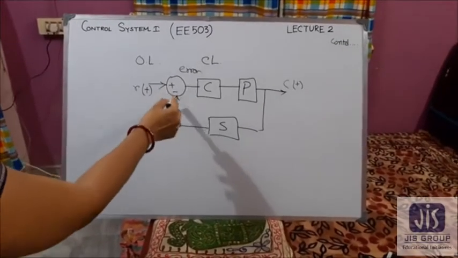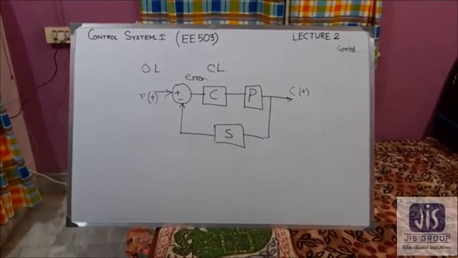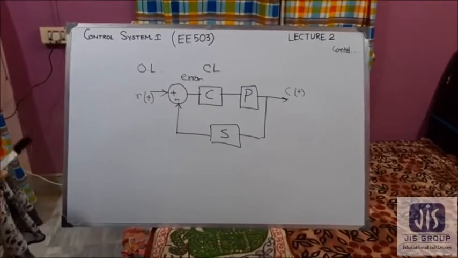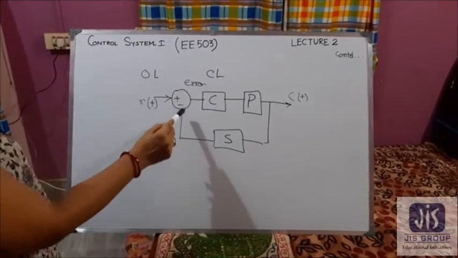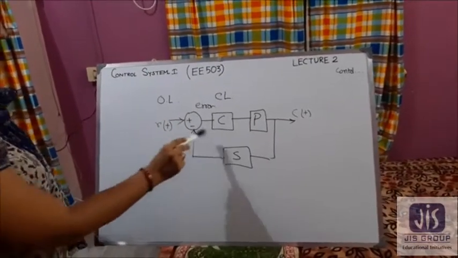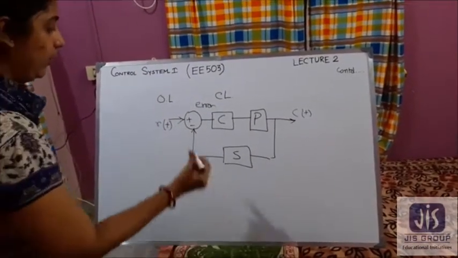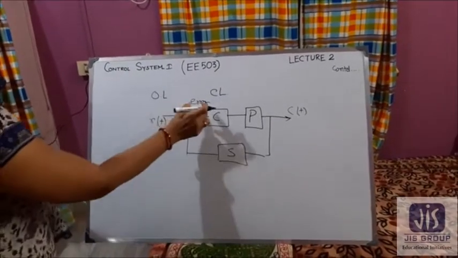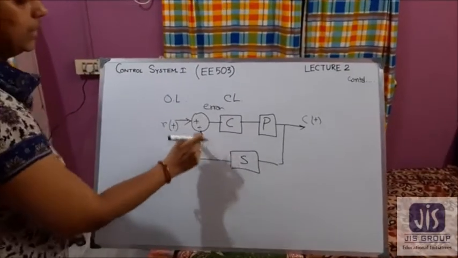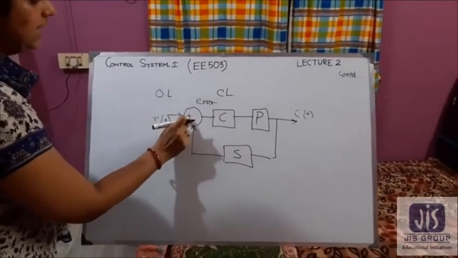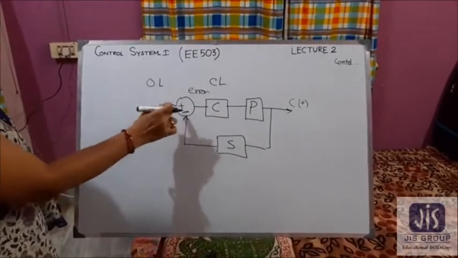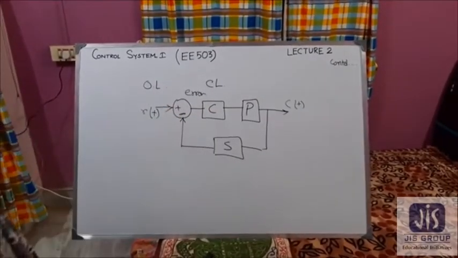And this is actually the summer, and the output of this summing point is the algebraic sum or the difference between the different inputs coming to it. So if the feedback is positive, then we put a plus over here and the error signal will be the summation of this input with this input. And if we use negative feedback, then we use the minus over here and the error signal will be the difference of this input minus this one.